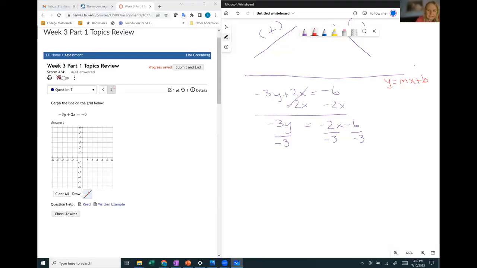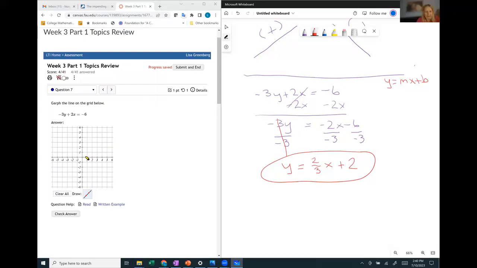What that does is cancel the -3 with the -3, and I have y equals, and then I have a negative over a negative, which is really the same as a positive x. And then we have minus 6 over minus 3, which is plus 2. So if I solve for y, I now have it in the form that I know exactly how to graph.